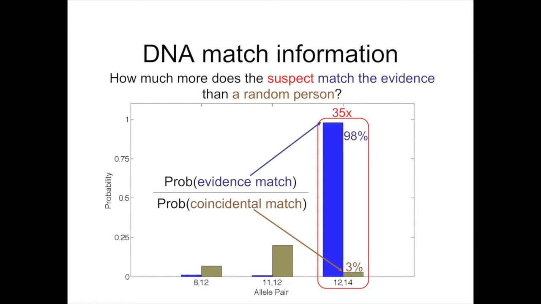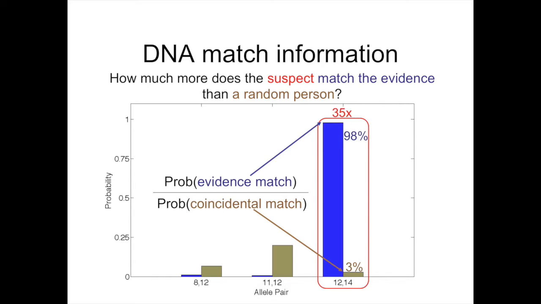And now in the end, what's reported on in court is a DNA match statistic. How is a match statistic calculated? How do we answer how much more does the suspect match the evidence than a random person? What the math lets us do is now for the first time we introduce a person's genotype. Suppose it's a 12-14, which happened to be Mr. Skundrich's genotype.